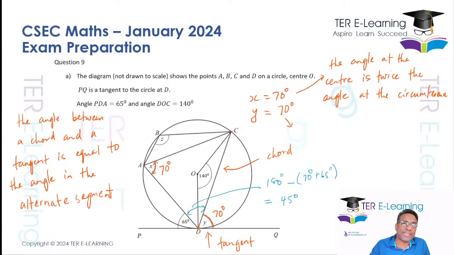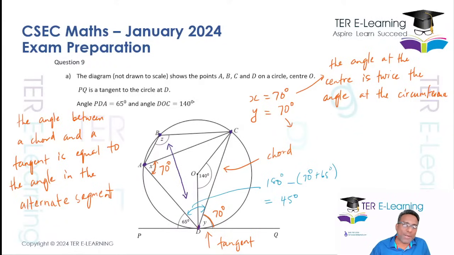Now the next thing you need to notice is that if we look here, we can identify a cyclic quadrilateral. Now there are some students who just see a quadrilateral anywhere in the diagram and they think it's a cyclic quadrilateral. The vertices must be on the circle, right? Now, these angles here, angle Z and this 45 that we just worked out, those are opposite angles.